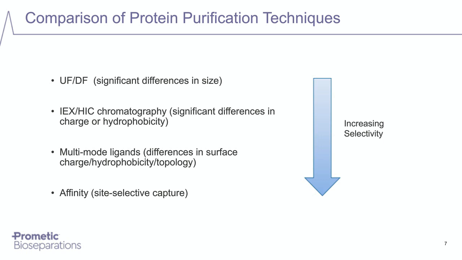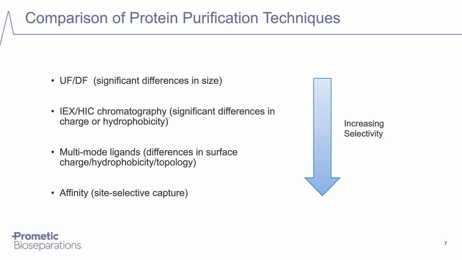I'm sure many of you are very familiar with bioprocessing, and you'll be aware of the various techniques that have been used to produce high purity proteins. These techniques vary in selectivity. So at one end of the scale we have the filtration type techniques, originally gel filtration, but these days it's ultrafiltration or diafiltration that allows molecules to be separated on the basis of their size.